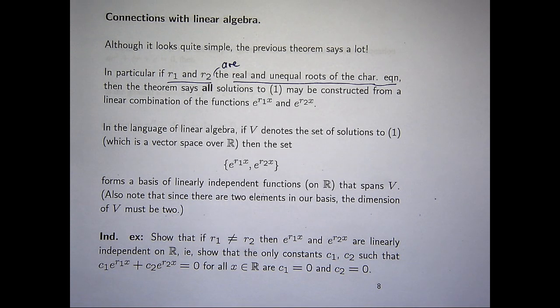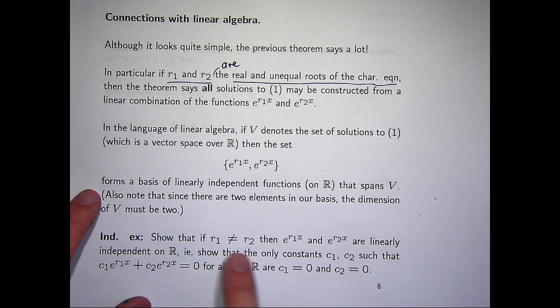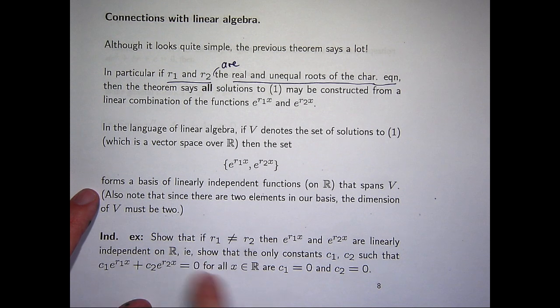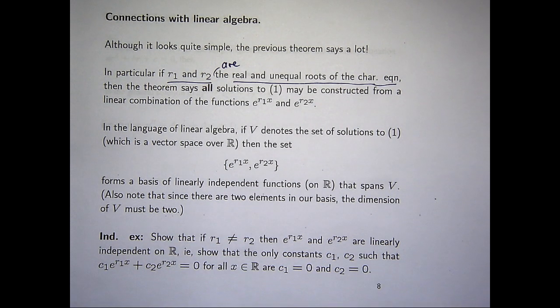Well, it's basically saying that you can construct any solution to the problem using a linear combo of exponentials. Now, what do I mean when I say linearly independent? We've got functions here, right? So essentially, this holds. The only constants that make this true are the zero constants. As an independent exercise, have a look and see if you can solve that problem. We'll talk about it a little bit more at the end. But this is a very nice connection with linear algebra.